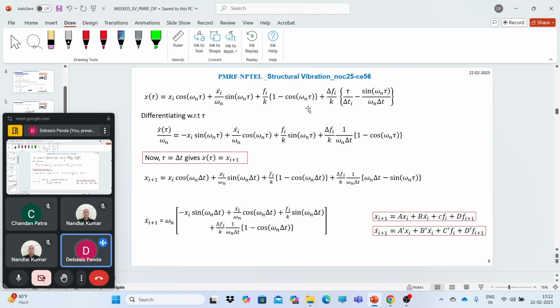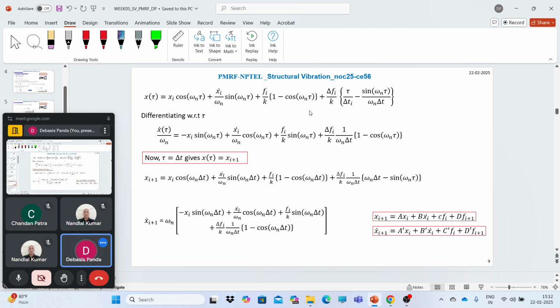Now this implies the response at tau, where we have assumed that the force is varying linearly and linear interpolation for the force is possible. If we differentiate with respect to tau, we will obviously get the velocity.